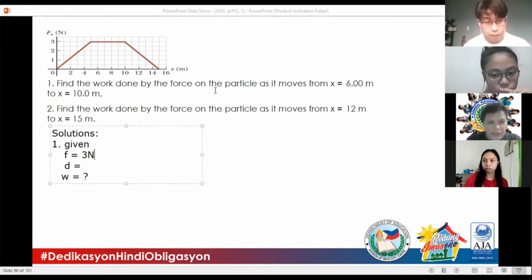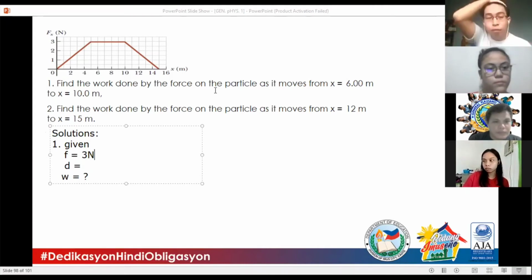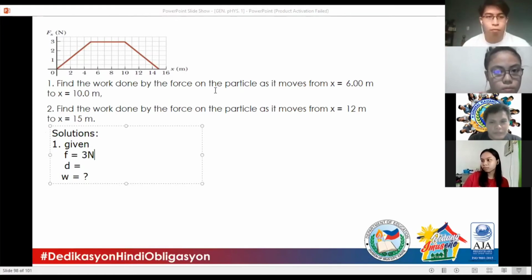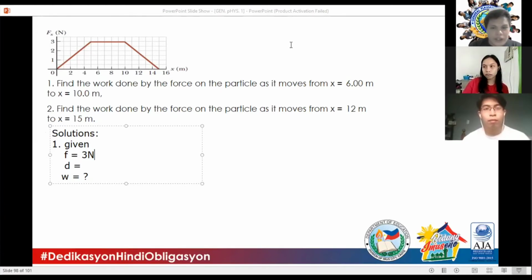Paano mo nasabing 4 meters? Ah, ang ginawa ko po, sir, is yung final displacement minus initial displacement po. Sinubtract na yung final displacement minus initial displacement na 10 minus 6.